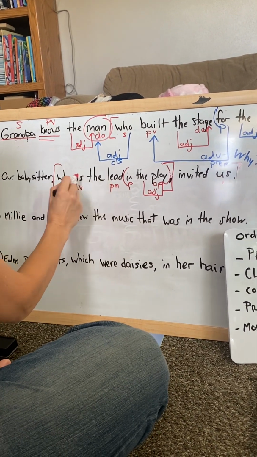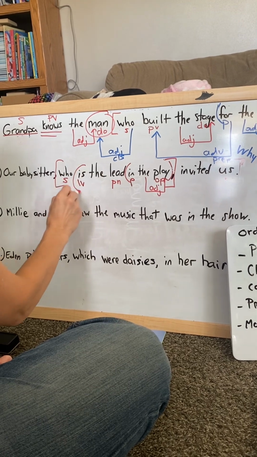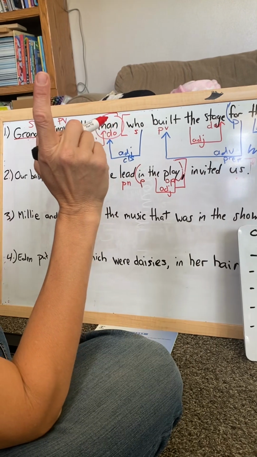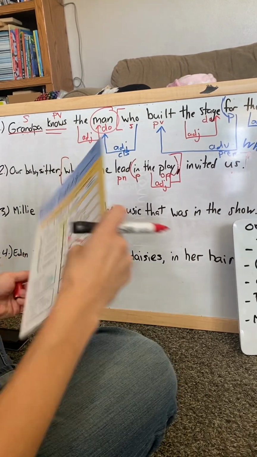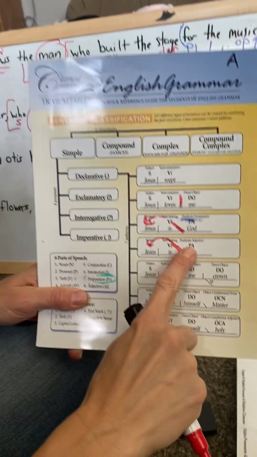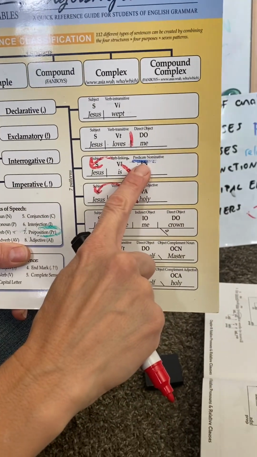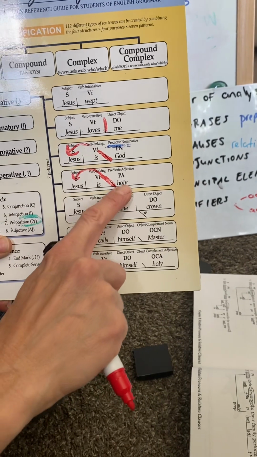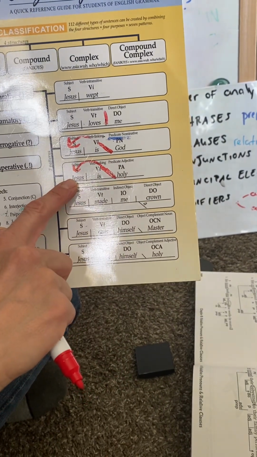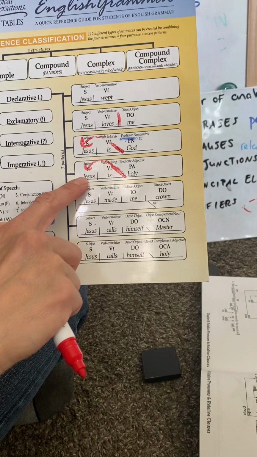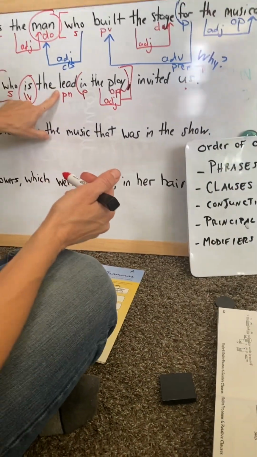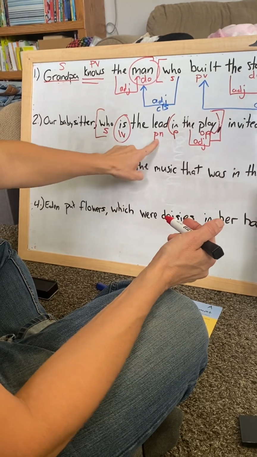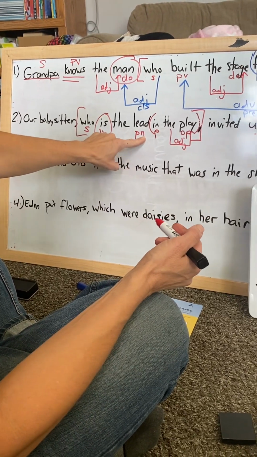Remember, since we have this linking verb here, our alerts should be ding, ding, ding. Is it a predicate adjective or a predicate nominative? Is it renaming or describing? The lead is renaming who? It's not describing, it's renaming. So it's a predicate nominative, not a predicate adjective.